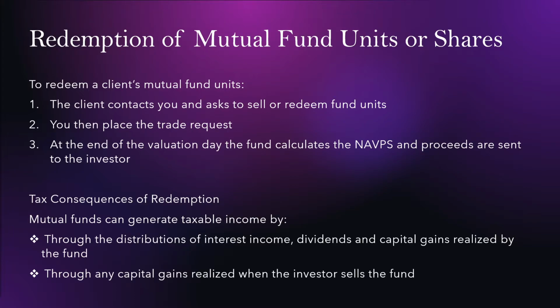So sometimes the mutual fund manager will distribute interest income, dividends, or capital gains to the investors. And they will get a T5 or T3 showing this income, and you will need to pay tax on it at tax time, and this is only for non-registered accounts. You can also generate taxable income by selling the fund, and the capital gains realized on that will be taxable income.